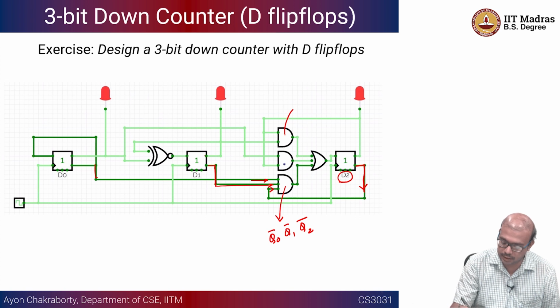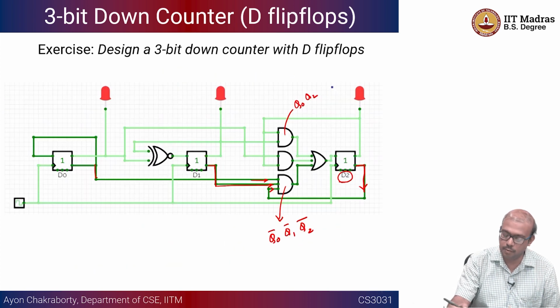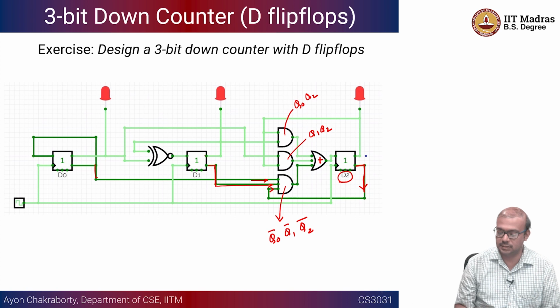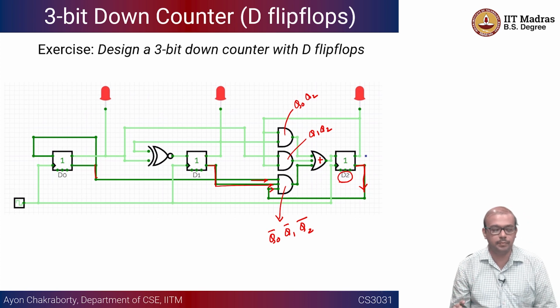This could be probably Q0, and because Q2 should have a feedback, right? So this is Q0, Q2, and the other one should be Q1, Q2, right? You put them to the OR gate and you pass this input. So this is basically your input state logic, or the combinational logic that is being fed to the last flip-flop.